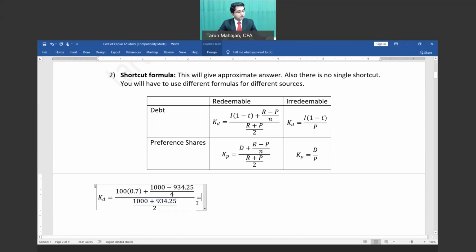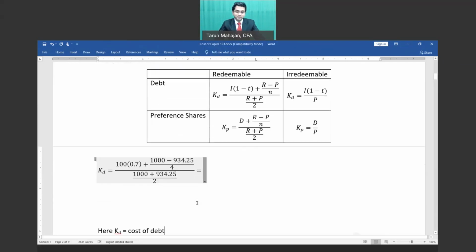You can do this calculation in one shot on your calculator.